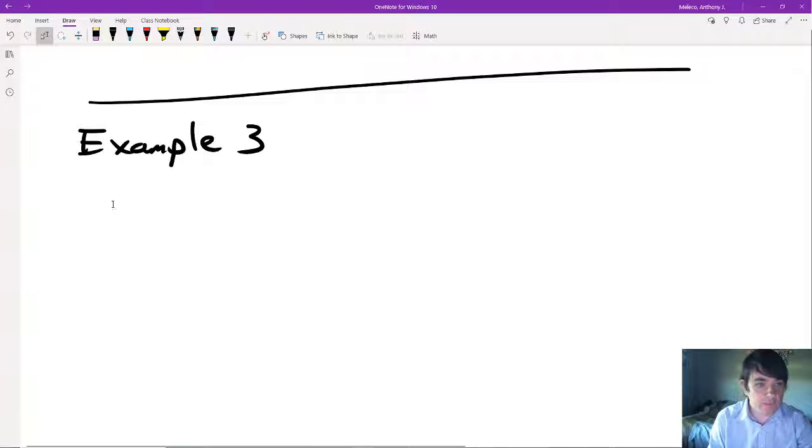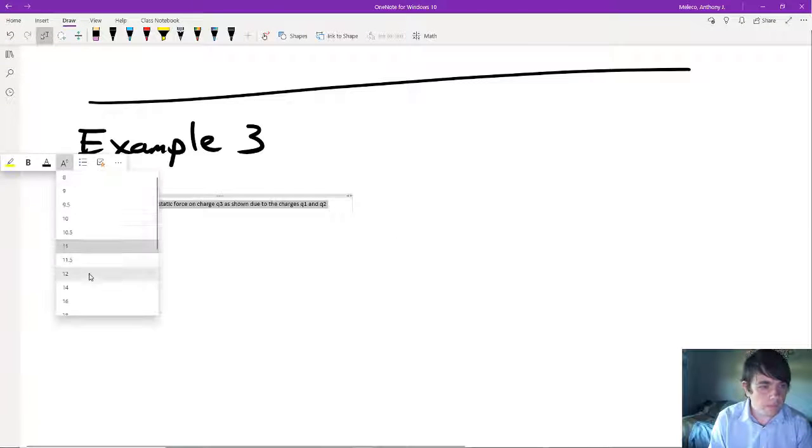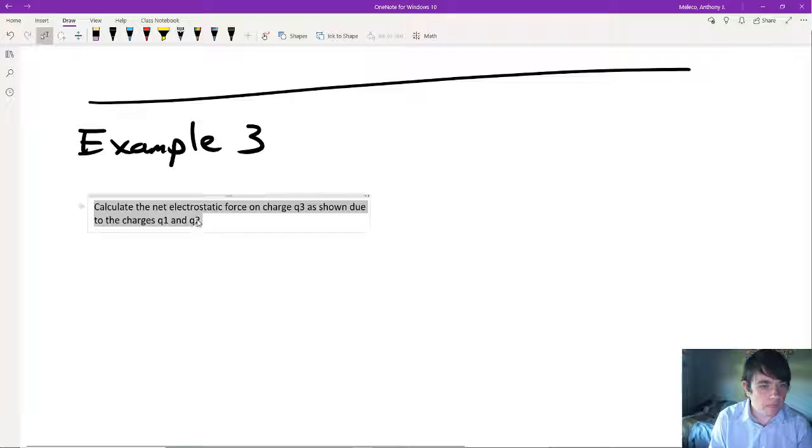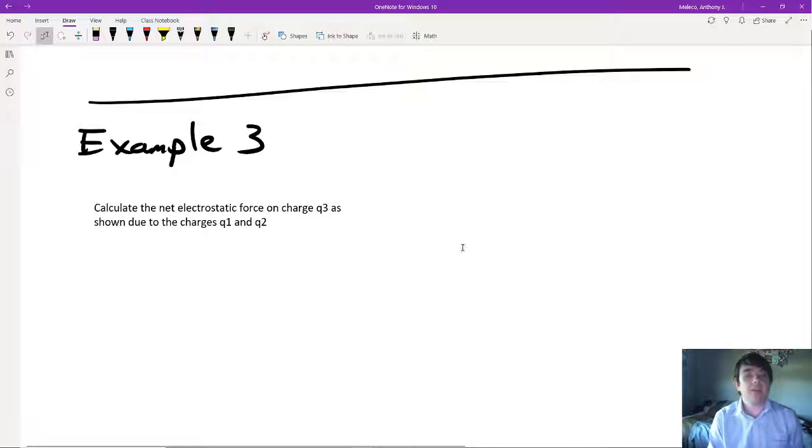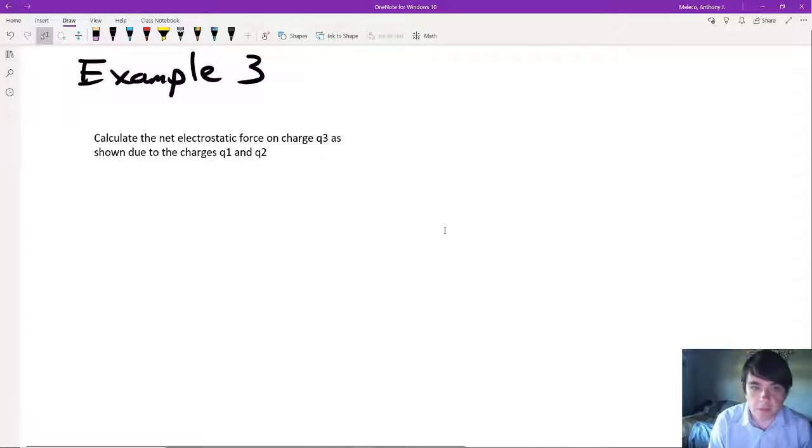So here's example 3, and this will be a two-dimensional problem now. We want to calculate the net electrostatic force on Q3 as shown due to the charges Q1 and Q2. So here I'm going to draw it. This is Q3.